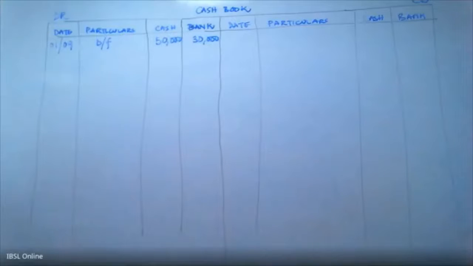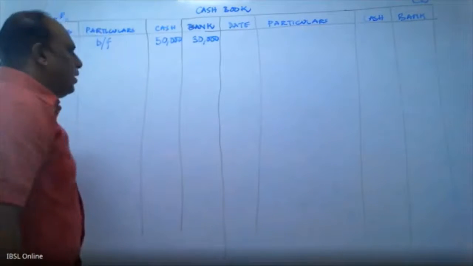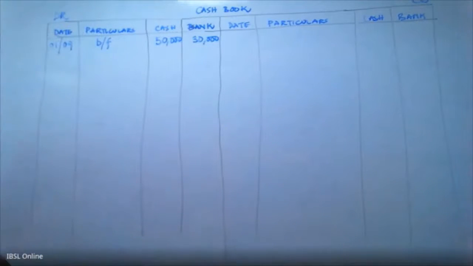Right. So you are paying one of your creditors, who is JD Limited, by way of a check of rupees 10,000. So now, when you look at the double entry perspective, the debit is your creditors and credit is going to be your bank account while you are issuing a check. Now, whether the check gets paid into the bank or not is a different story.